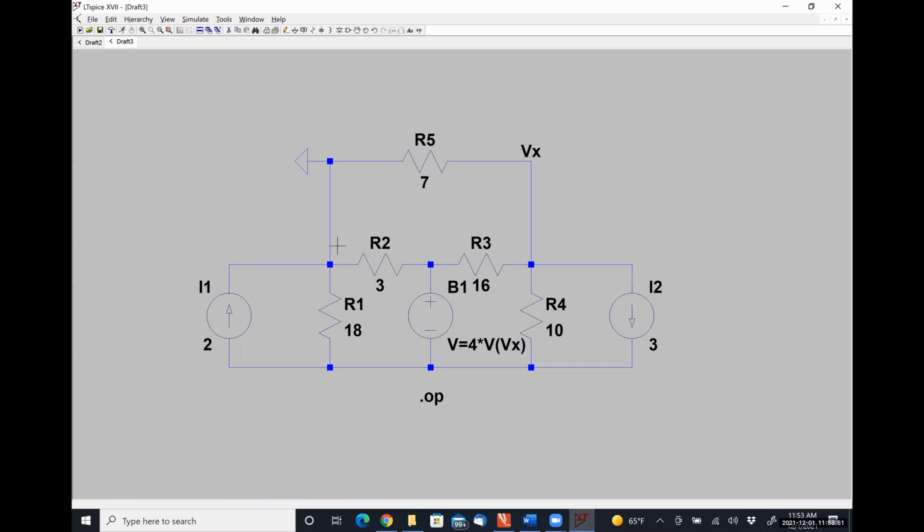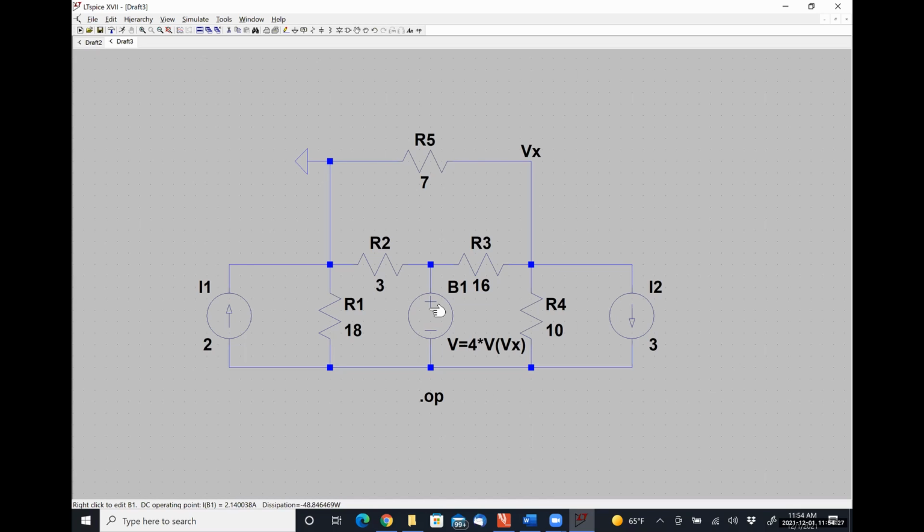But if we put our mouse over our 2 amp source, we can see that it is dissipating 33.035 watts of power, which is exactly what we got from our analytical work. Similarly, if we mouse over the dependent source, we can see that it is absorbing negative 48.846 watts, which is the exact same as supplying 48.846 watts, right?